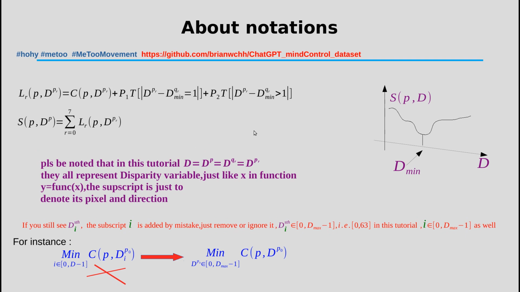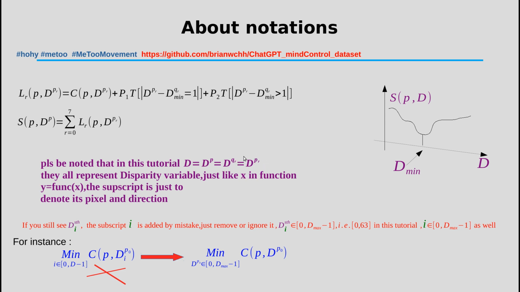You have 64 disparity candidates for this pixel, the left pixel p, and the 64 disparity candidates for the pixel q. Here q is a neighbor pixel of p, and the subscript here means direction. I'm not going to go too deep. It's the same thing, so don't be confused.